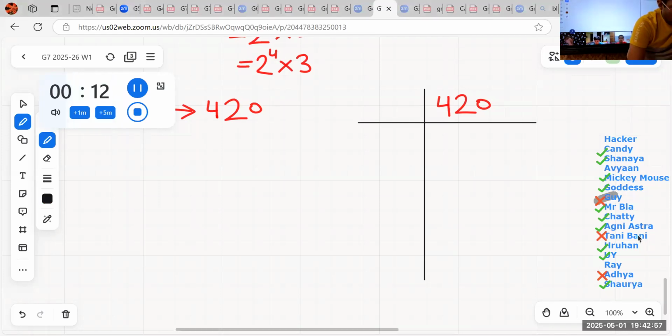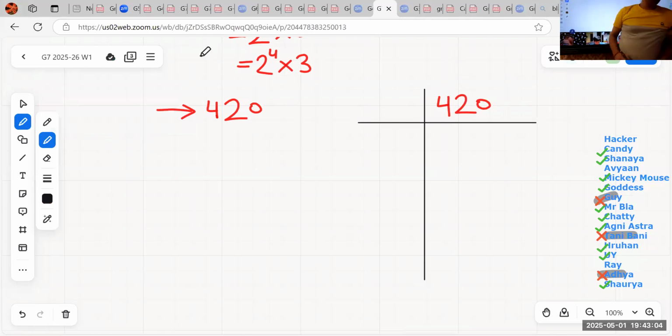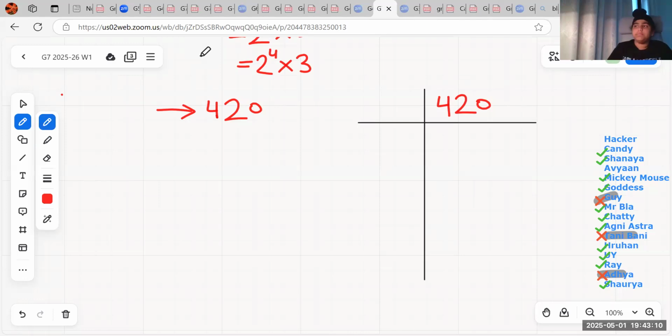So Miss Cow, Miss Tanibani, Miss Adya, Ray is correct. Which method should I use, the prime factorization or orally? Tell me. So I did prime factors.